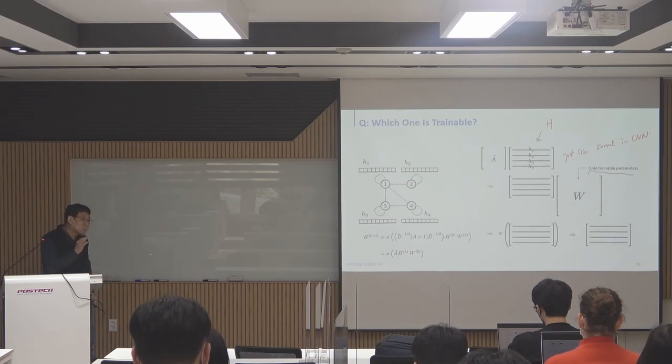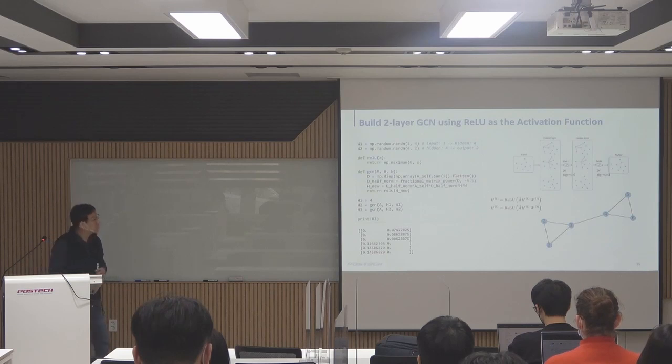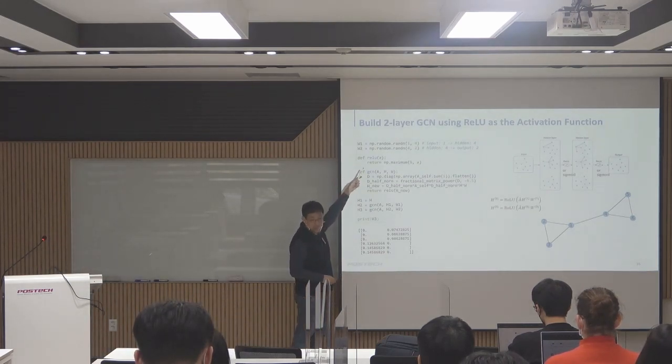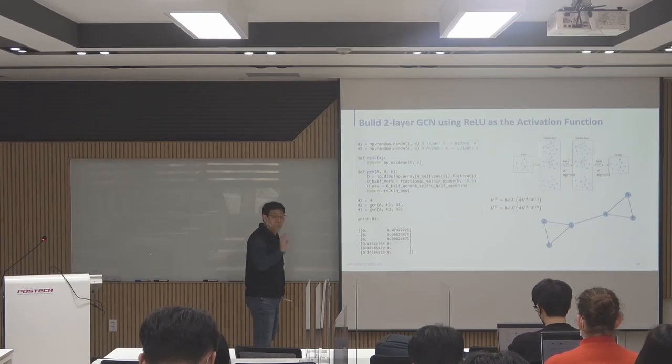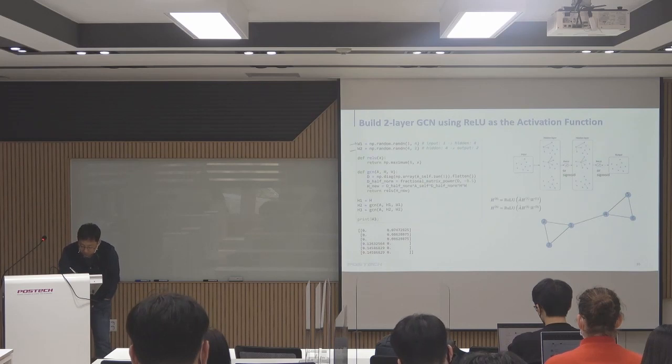But in order to see what kind of effect we can make out of the omega matrix, or big W, I randomly assign omega, to do forward propagations and see what kind of forward propagation we can make. So randomly assigned.